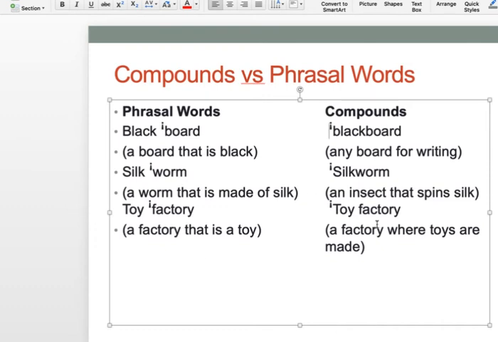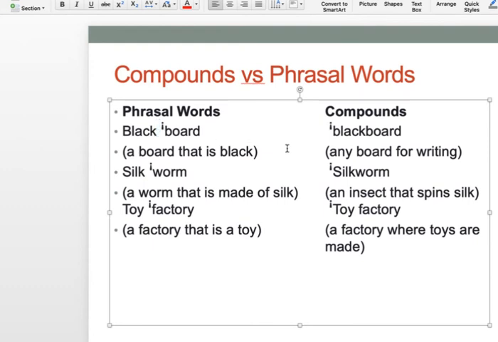Same is with all other examples, because the first criterion was about stress. So in phrasal words, stress will come on the last element, and in compounds it will come on the first element. Why are we using element instead of root? Because it is more encompassing. Apparently the letters are the same. Even this space does not matter a lot. Honestly, this space is no issue.